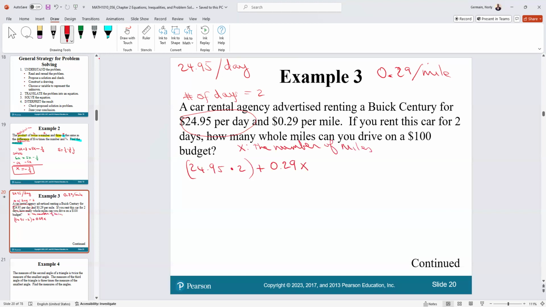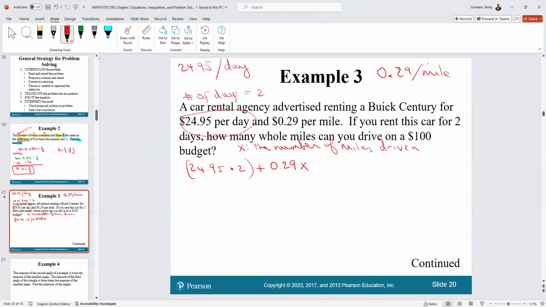So we really can use x as the number of miles driven. Right. So if you know the number of miles driven, 0.29x is the cost for mileage driven.